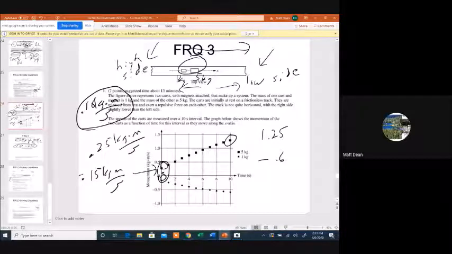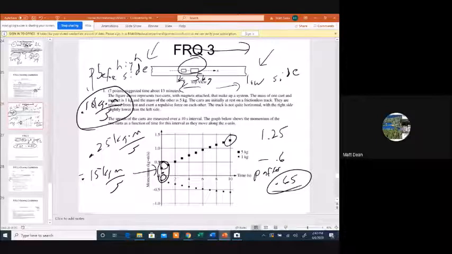If we add those together, that gives us positive 0.65. So this is the momentum after, and this is the momentum before. Remember, a change in anything is final minus initial. So 0.65 minus 0.10, our change in momentum is 0.55.